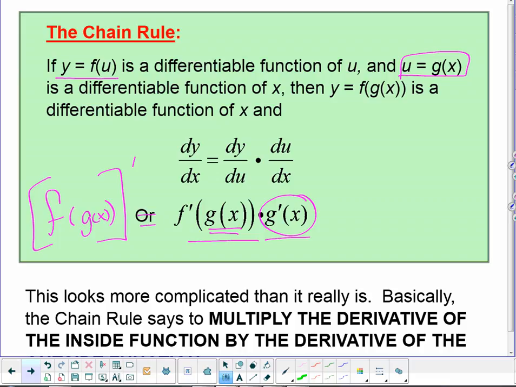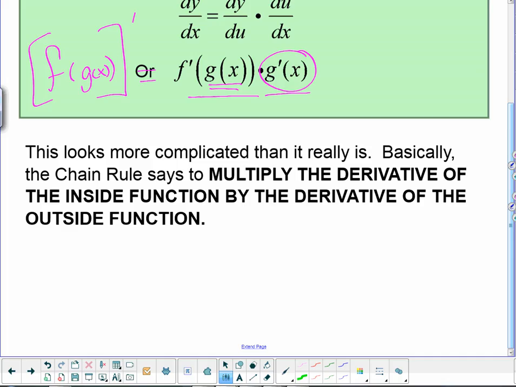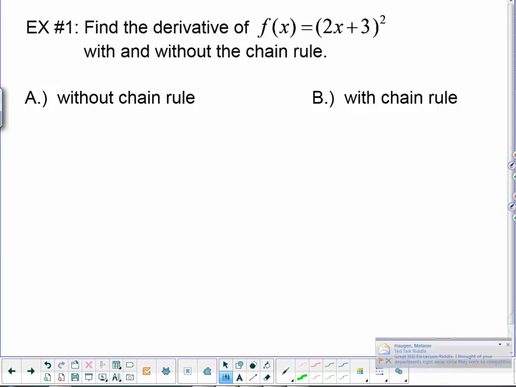The theorem makes it look more complicated than it really is. Basically, the chain rule says to multiply the derivative of the inside function by the derivative of the outside function.